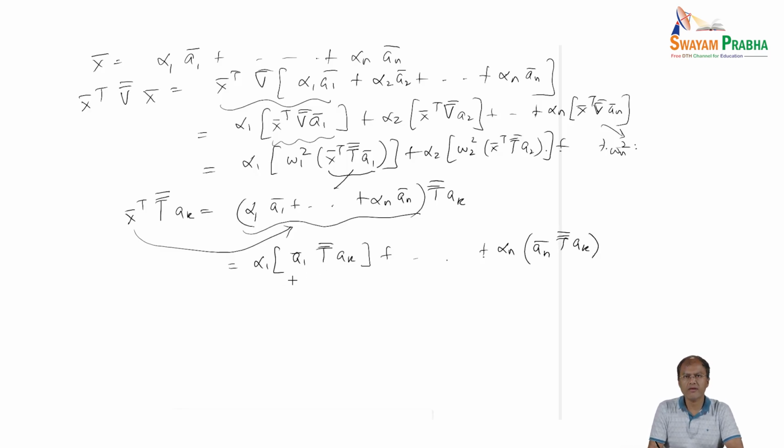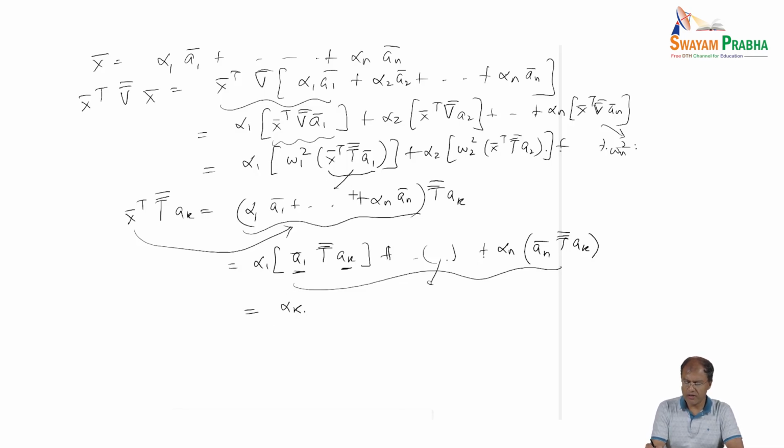This is a standard matrix vector multiplication, and these ai's are orthonormal. We expect that only one factor will remain out of these n factors, the alpha kth term. Since these are all orthonormal, the only quantity that will remain out of this multiplication will be alpha k.